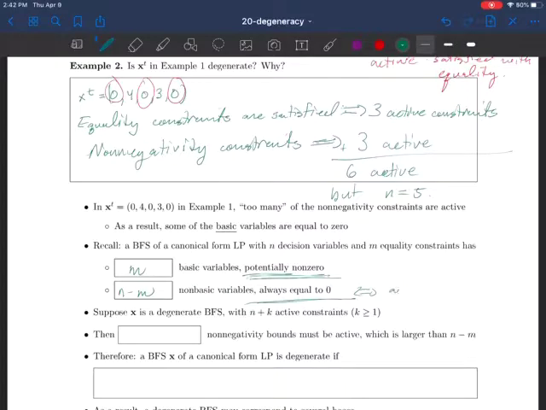And then it has n minus m non-basic variables always equal to 0 because these are equivalent to active non-negativities. So again, it's this issue, the potentially non-zero. This is what leads to degeneracy.